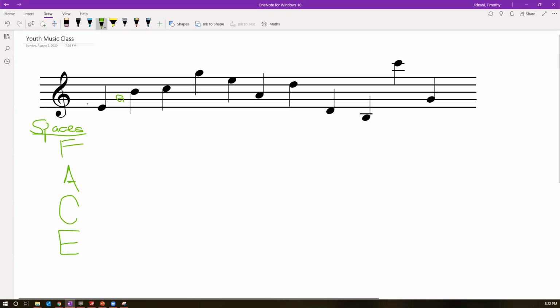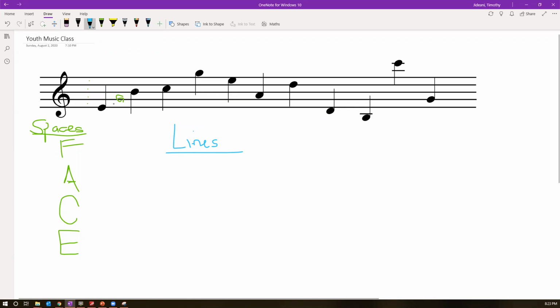That's a space, that's a space, that's a space, that's a space. And then we have our lines.